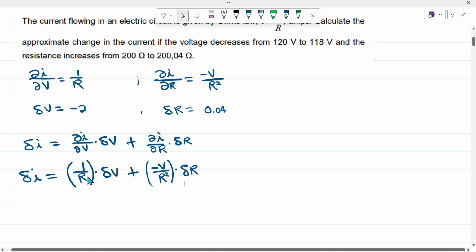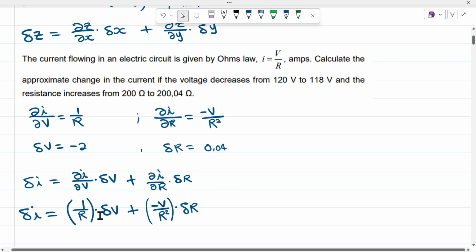Okay, now we can see that we have R, V, and R squared, but we didn't discuss the magnitude of V and R. So memorize the following that I'm going to say. The values of these variables are the ones that you get initially, before the changes. For example, for voltage here, they said it decreases from 120.